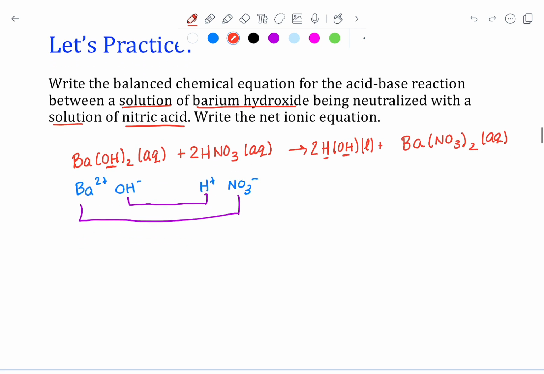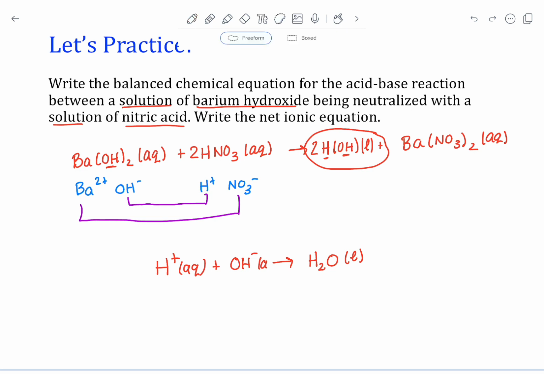Okay, so to write the net ionic equation, we are going to see what isn't in aqueous form, which is our water. So in order to form water, H2O, we had to bring together H+ ions, which were aqueous, and OH- ions, which were aqueous.